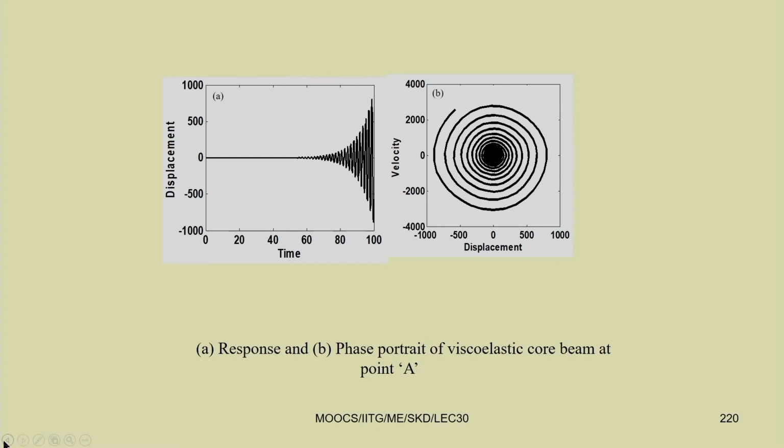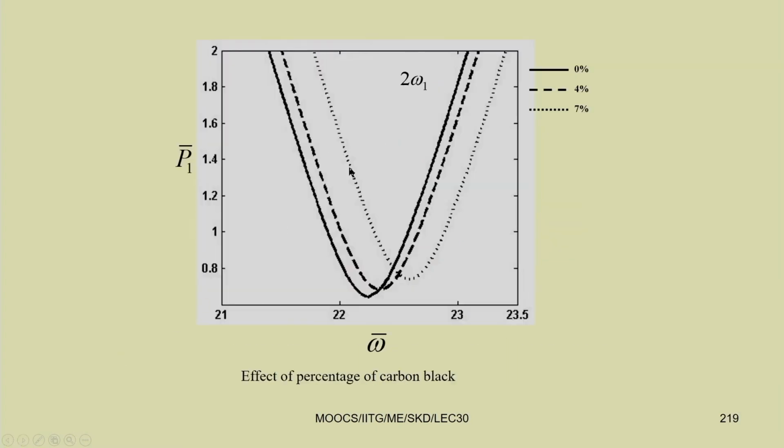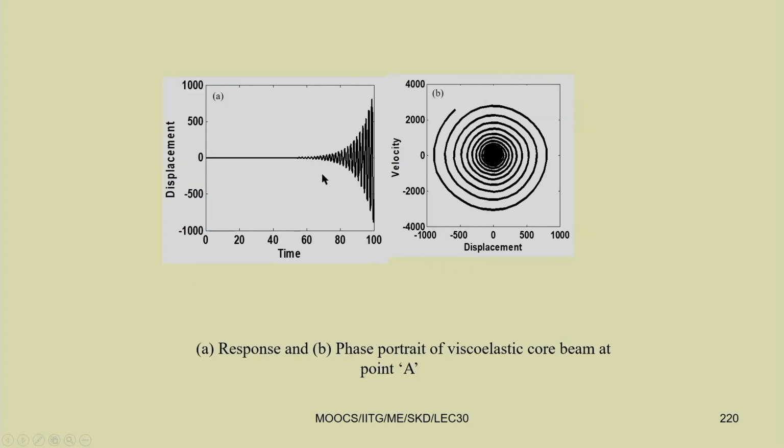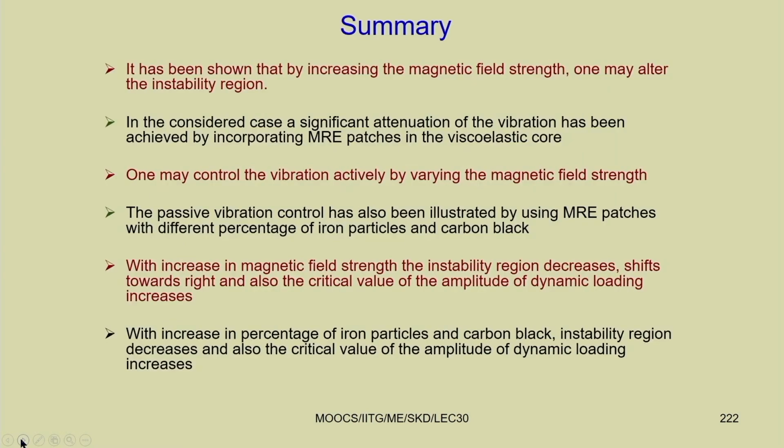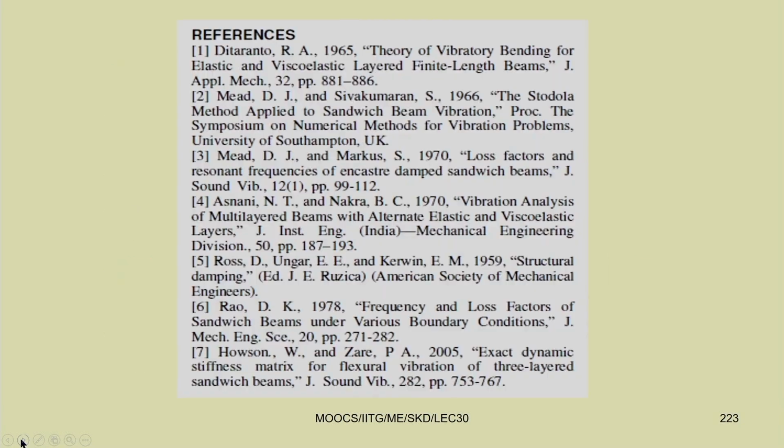If it is operating inside this instability region, then one can find the response amplitude will grow. Clearly this shows the response is growing. If you want to use this as an energy harvester, then you can use it inside this unstable region. If you want to use this for controlling vibration, then you can use it in the stable region. One can observe this beating type of phenomenon also.